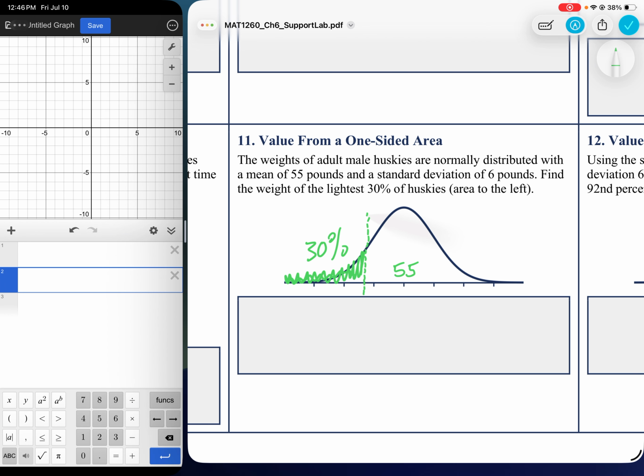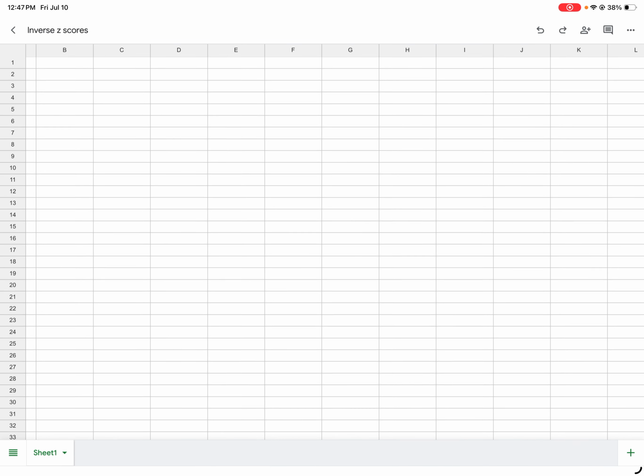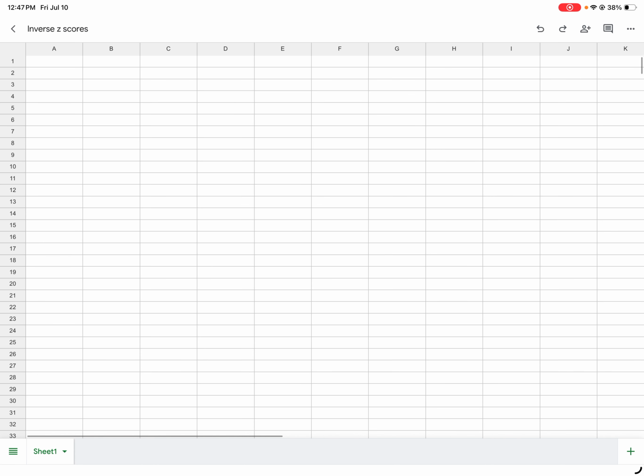If we can get this dog weight, we can then know all dogs under that represent the smallest 30% of dogs. So I need to get the z-score that is associated with a 30% left tail. So I'm going to take 30% as a decimal, 0.3, and that's what I'm gonna bring over to my spreadsheet. So I just have a nice empty spreadsheet.